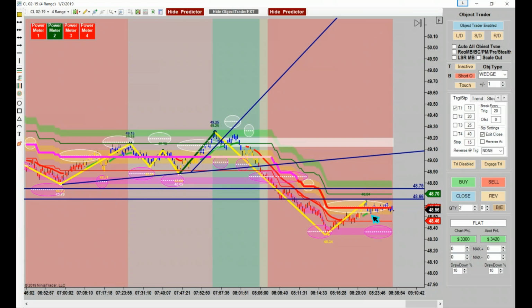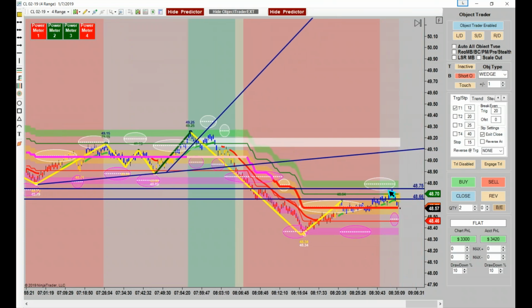Still heading up so far. Not taking out the swing. I think I might have just missed it. I did miss it. See it right there? Hit my line perfectly. I got this thing going at 30 times, so it was too quick.